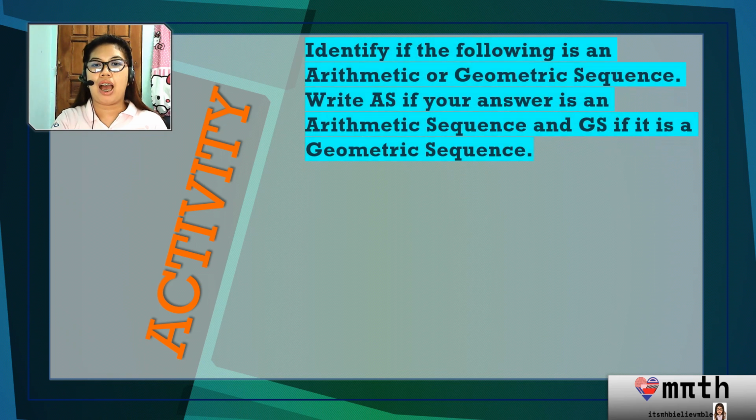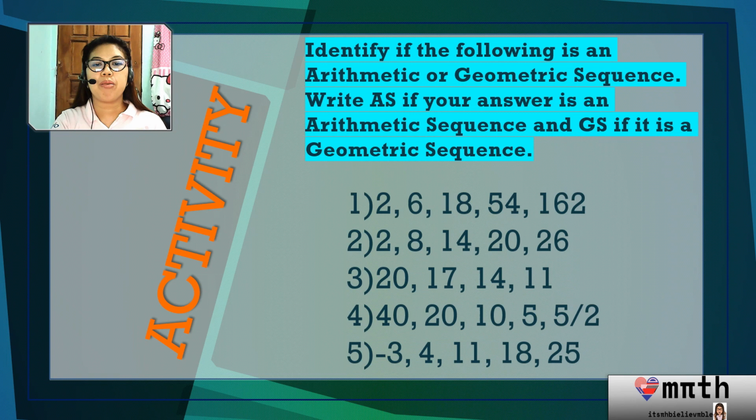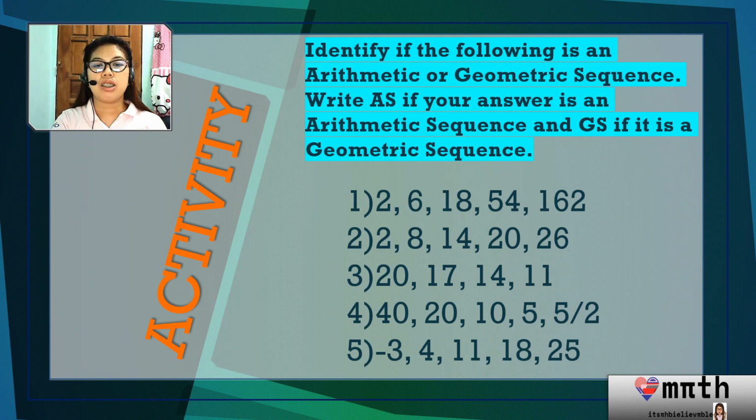Now, let us have your own activity. In here, you're going to identify if the following is an arithmetic or geometric sequence. Write AS if your answer is arithmetic sequence, and GS if it is a geometric sequence. For number 1, we have 2, 6, 18, 54, and 162.